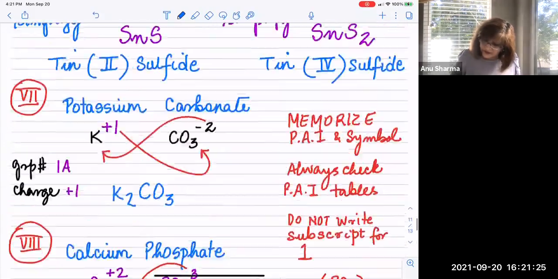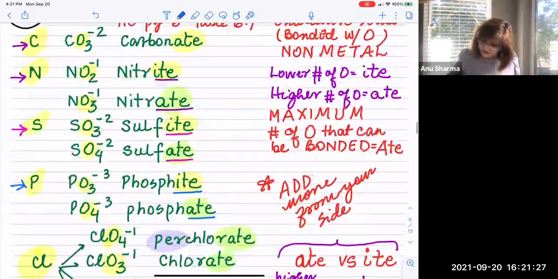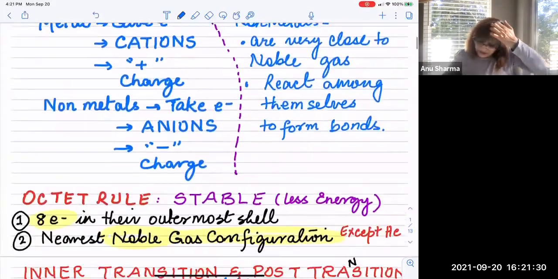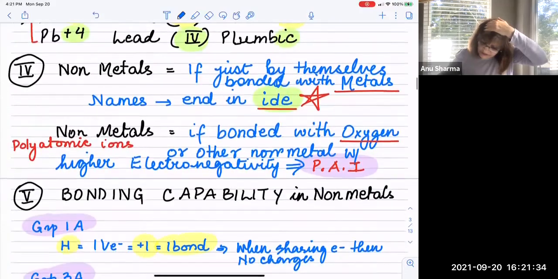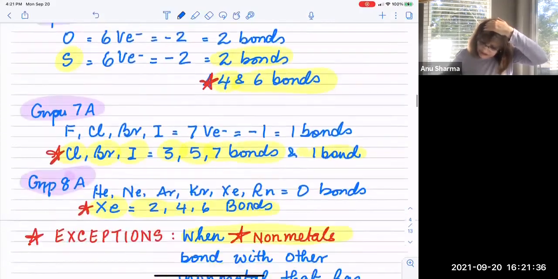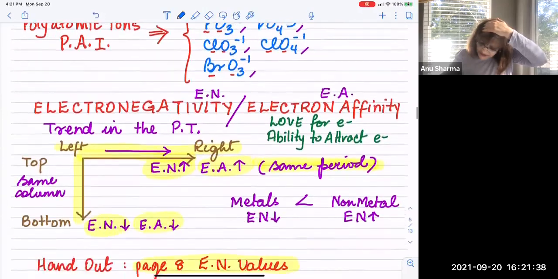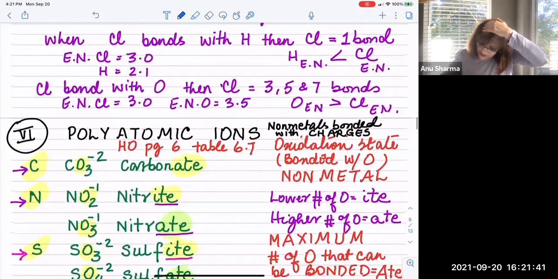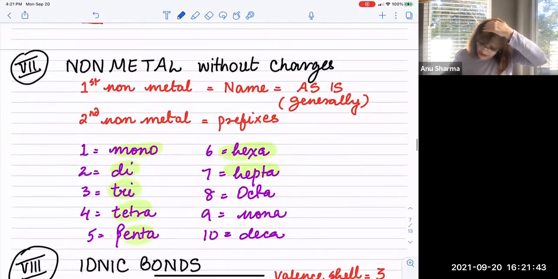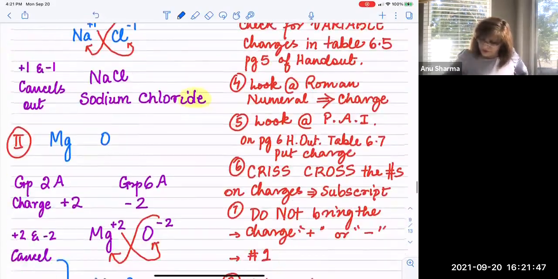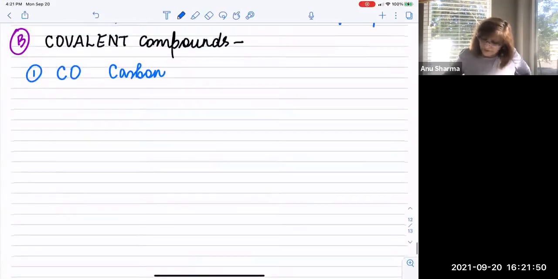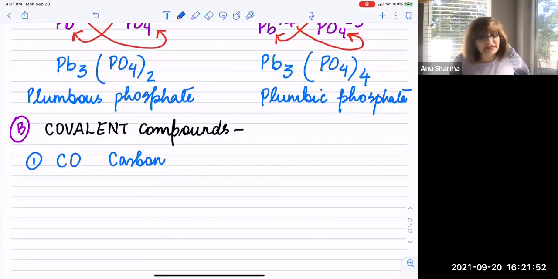Oh, I think I did not put this here. One second, maybe I forgot it here. Roman numerals, non-metals. Oh, we covered this, why they do that. Electronegativity, polyatomic ions we did, non-metals. Oh, here they are, without the charges: mono, di, tri, tetra. This is what is going to be used. For carbon, the first element, the name does not change.